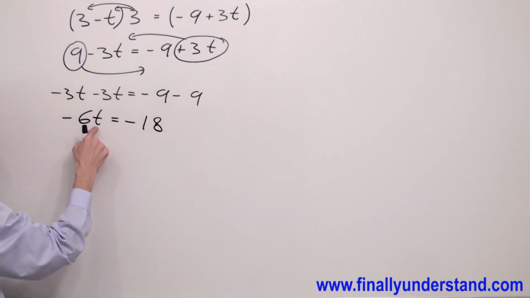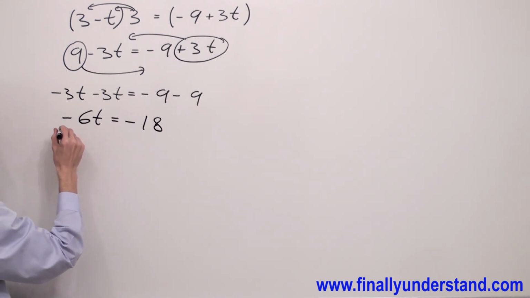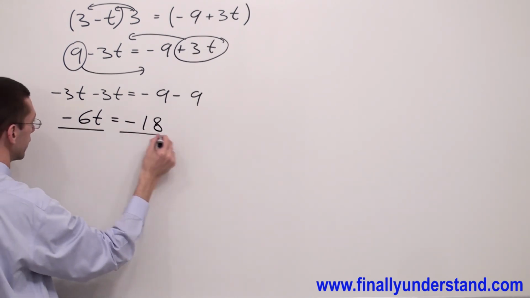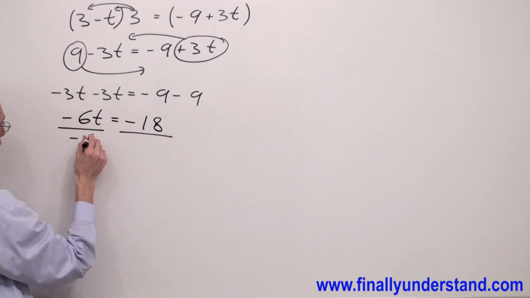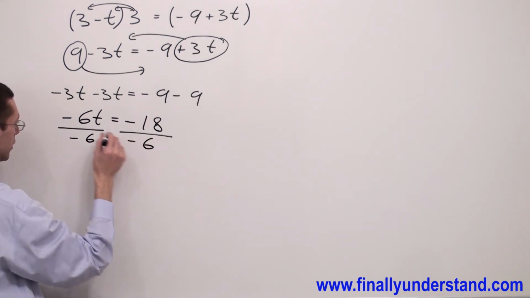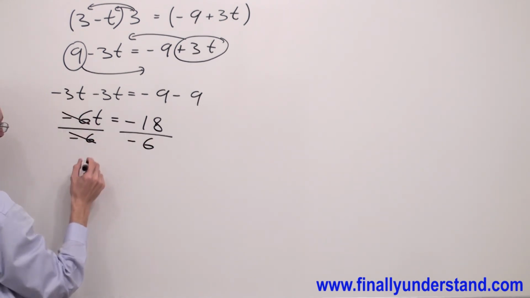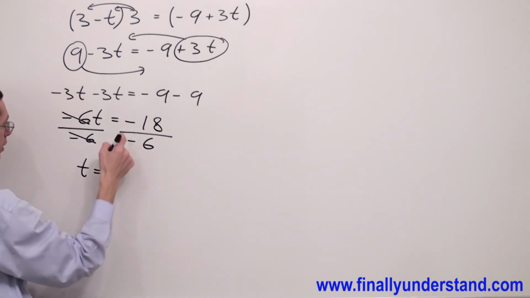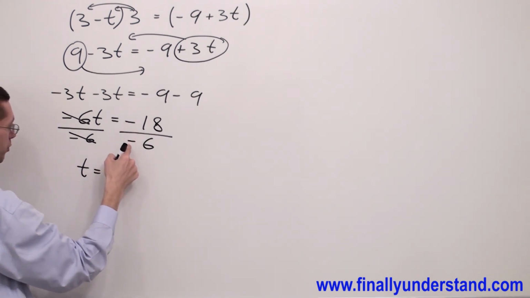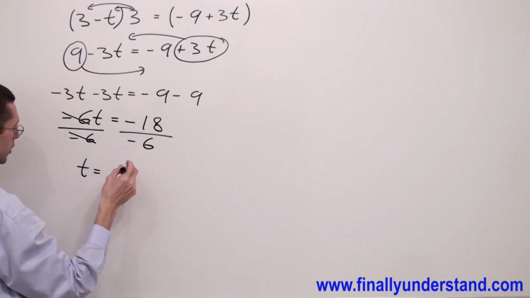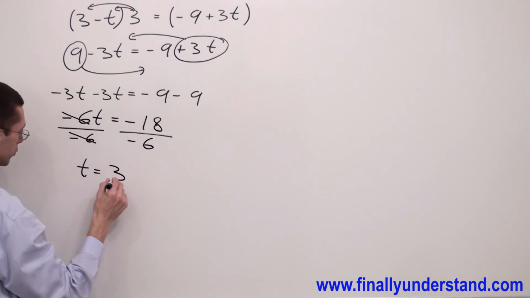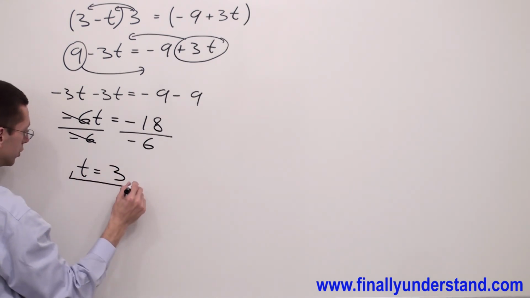In order to find the value of t, I'm supposed to divide both sides of the equation by negative 6. Negative 6 and negative 6 will cancel out, and I have t equals negative divided by negative gives me positive, 18 divided by 6 gives me 3. This is the solution to my problem.